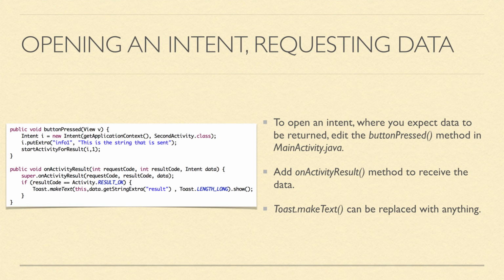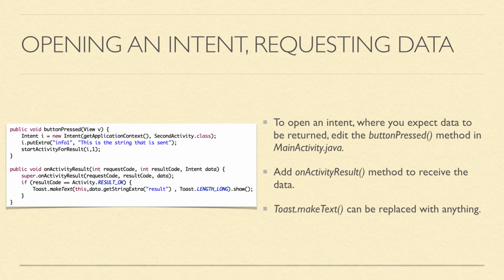Anyway, if you want to open an intent and expect to get some data back, like your second activity is going to get an answer from the user and then return it back to your main activity, you set it up exactly the same way, except, like, this line is exactly the same, this line hasn't been changed either, this line is different. Start activity for result.